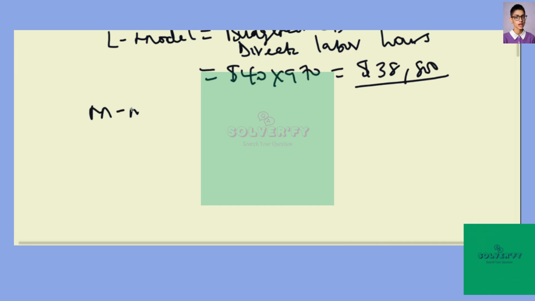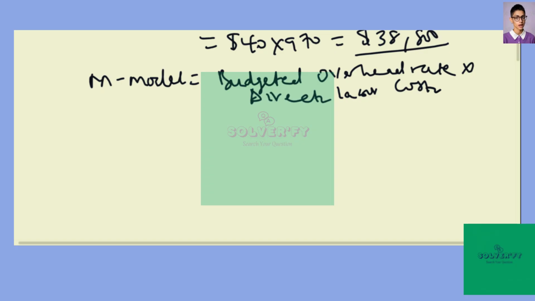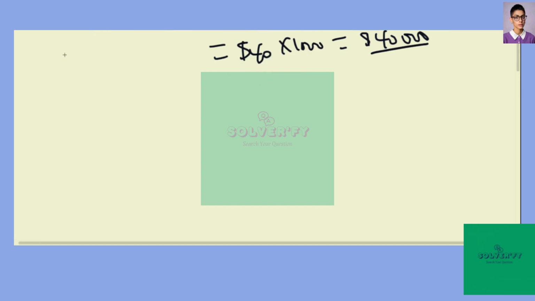Now with the M model, it will be the budgeted overhead rate multiplied by the direct labor hours, and this is equal to $40 multiplied by 1,000 direct labor hours, which is $40,000.